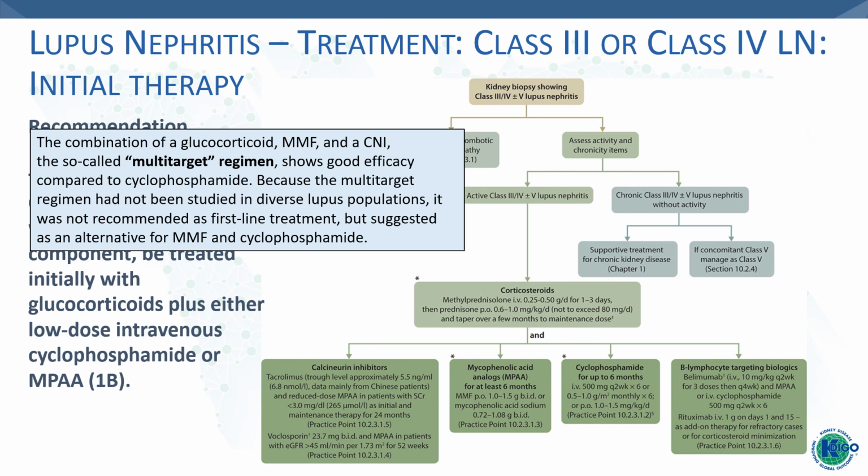A final point about the multi-target regimen, it is the combination of glucocorticoid, MMF, and calcineurin inhibitor. It shows good efficacy compared to cyclophosphamide, by the way, but because the multi-target regimen hadn't been studied in diverse lupus populations, it wasn't recommended as first line, but suggested as an alternative to MMF or cyclophosphamide.